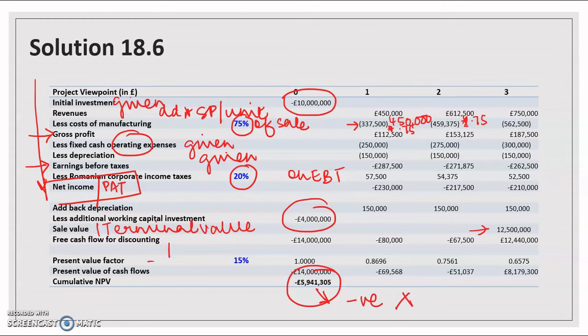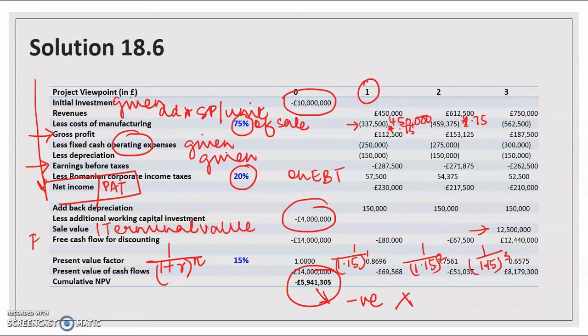I hope you remember how to calculate your present value factor, 1 divided by R to the power n, where R is 1 divided by 1.15 to the power 1 for the year, 1 divided by 1.15 to the power 2, 1 divided by 1.15 to the power 3.